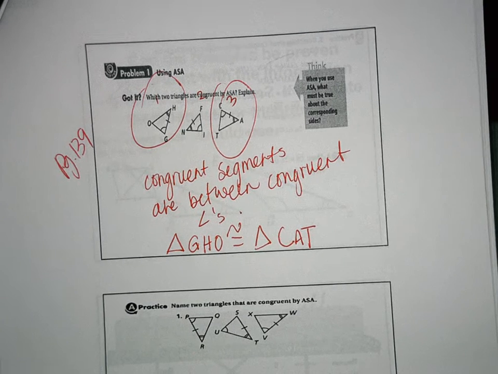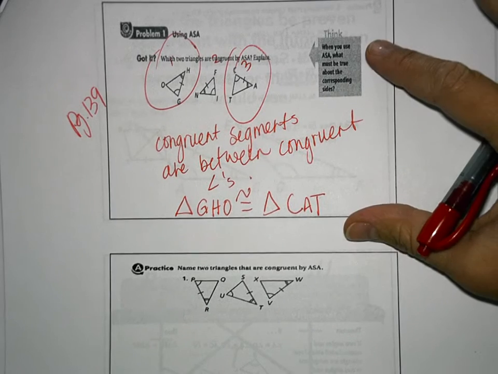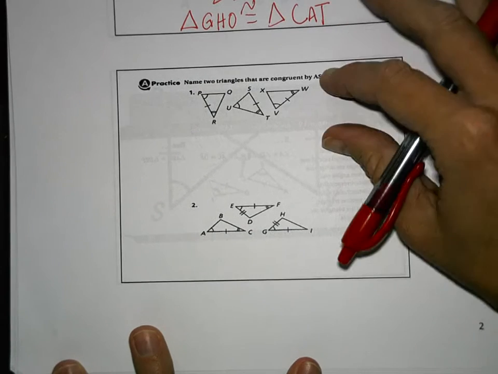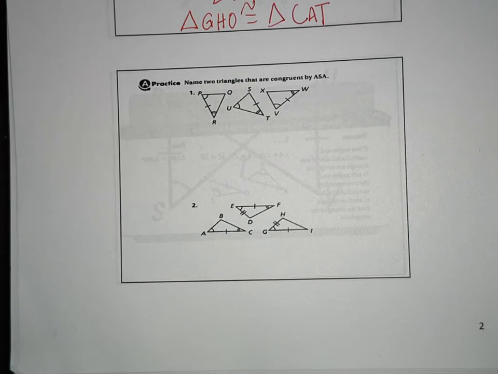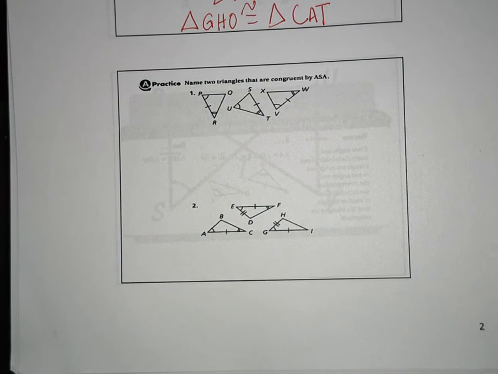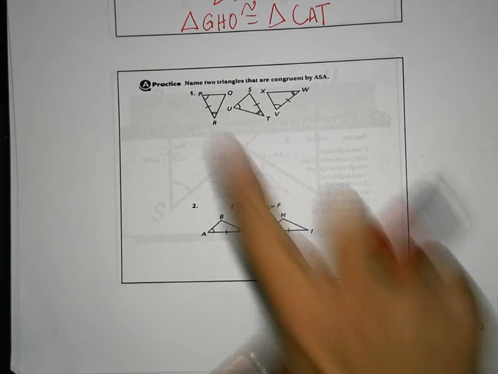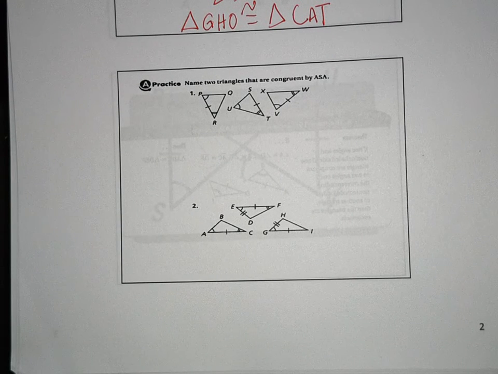Okay, so based on what we just talked about here, on number 1 here, you need to choose the 2 triangles that are congruent and write the correct statement, meaning triangle whatever is congruent to the other triangle. Okay, so let's see what you can do on number 1.